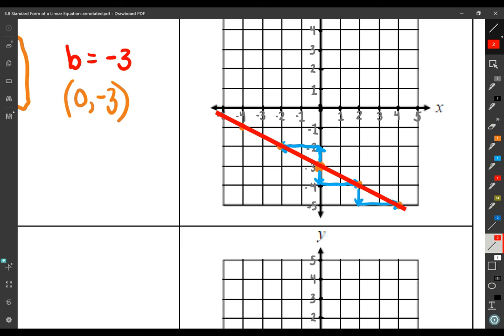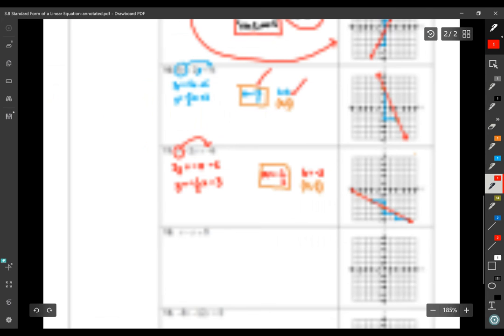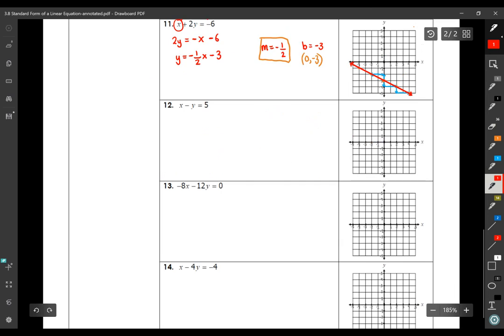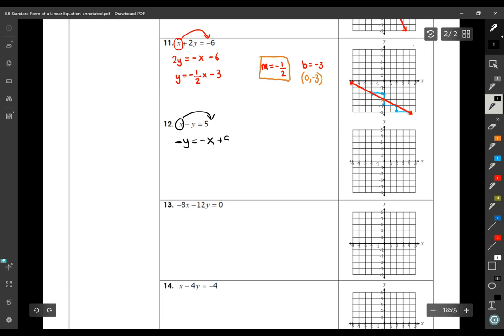Okay. Here we go. All right. Let's do a few more. Let's do 12, and then I'm going to leave the rest for you guys to do. Okay. So again, we're going to isolate for y. So we have negative y is equal to negative x plus 5.